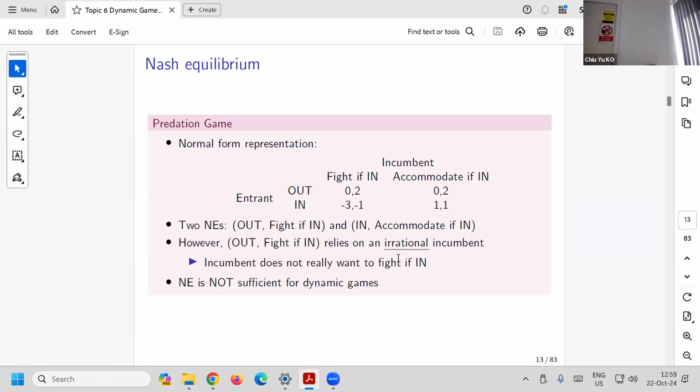It's saying that if you come, I will go crazy, but if this is not crazy, then it's not clear. Just like what happened recently with Russia: it said if you attack me, I will make a nuclear bomb. Is it credible? I don't know, but if they believe it, it's not clear. It's like when a man and a woman engage in a fight, and the woman says, if you don't come back tonight, I will jump off.